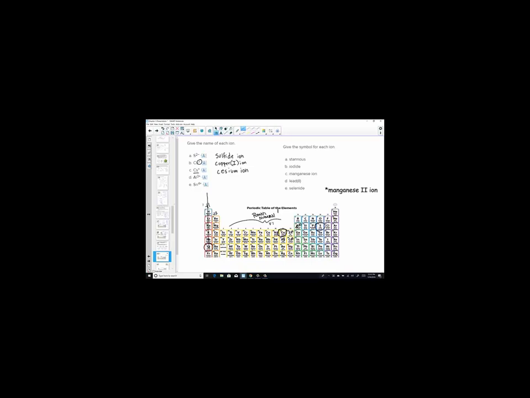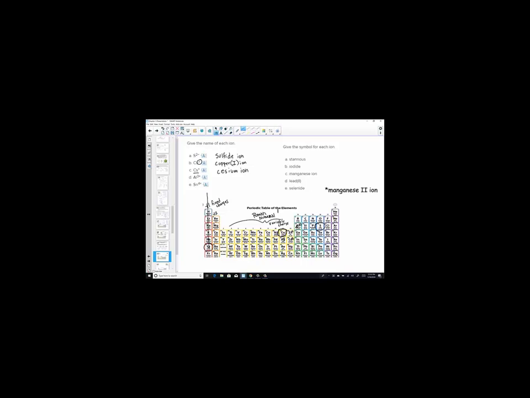Roman numerals are needed for those metals that have a variable charge. Roman numerals are not needed for those ions that we know have fixed charges. The +1s in column 1 are fixed. The +2s in column 2 are fixed, no Roman numeral. Aluminum is a fixed +3, it never varies.